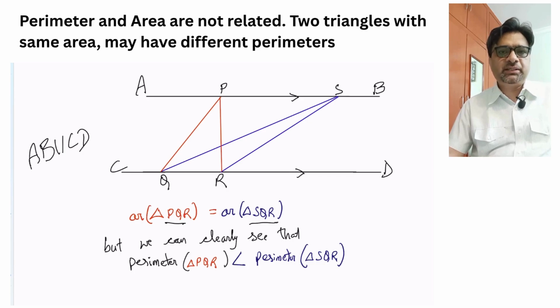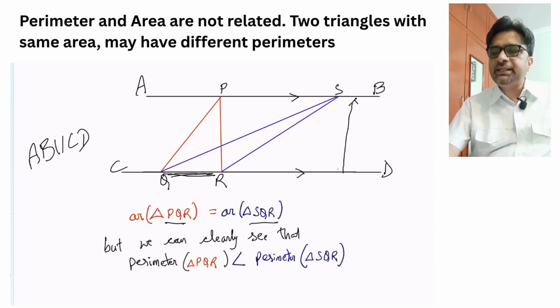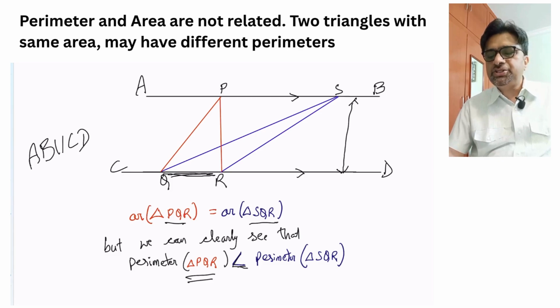and how do we say that these two triangles have the same area? Because they are lying on the same base QR, and they are lying between the same parallels AB and CD. So triangles on the same base and between the same parallels have equal area. We just learned this a while ago. So these two triangles have equal area, but you would see that triangle PQR has a much smaller perimeter compared to the other triangle SQR.